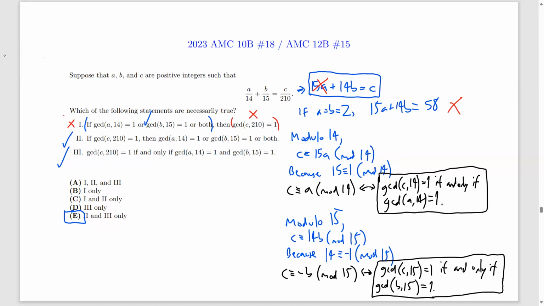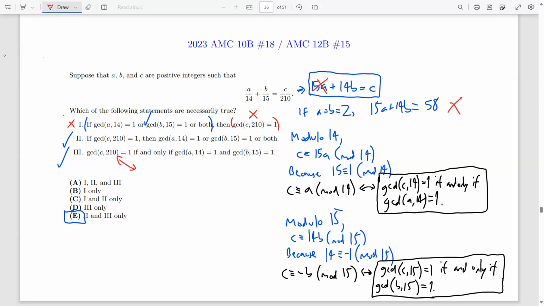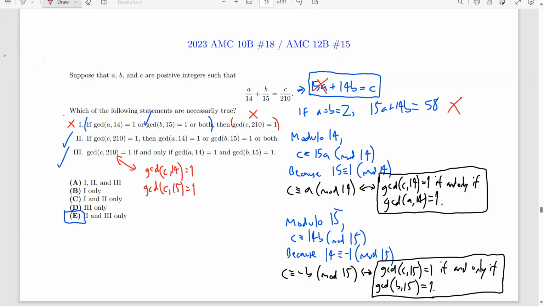If the GCD of c and 210 is 1, this tells us that c cannot share any prime factors with 14 and 15, because 210 is equal to 14 times 15. So if the GCD of c and 210 is 1, then the GCD of c and 14 is 1, and the GCD of c and 15 is also 1. Moreover, this is actually an if and only if statement.